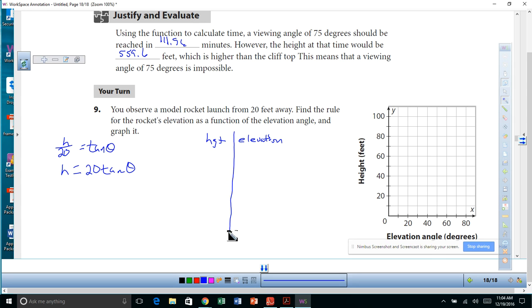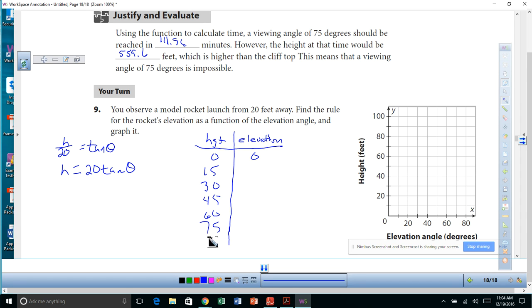And let's draw here. So 0 gives you 0. And then 15, 30, 45, 60, and 75.